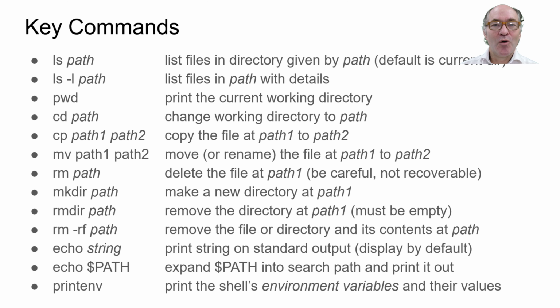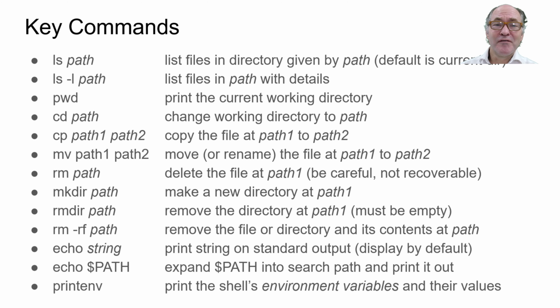So if I say echo $PATH, once again, the shell will expand the PATH variable into its value. That's what the preceding $ sign means. You'll get the value of the variable as a string, and then echo will print out that string. So echo is a great command for printing out the values of individual environment variables.